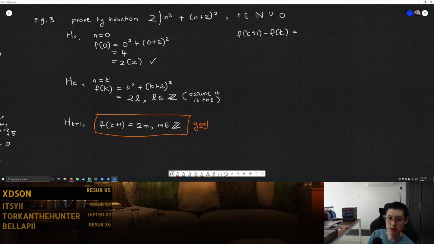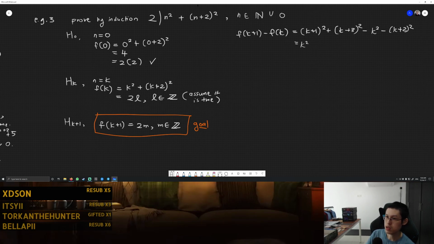So the first one is going to give me k plus 1 squared plus k plus 1 plus 2, which is k plus 3 squared. And then I'm going to subtract k squared, subtract k plus 2 squared. Okay. And this is going to take a while to expand and simplify, but yeah, let's go ahead and do that.